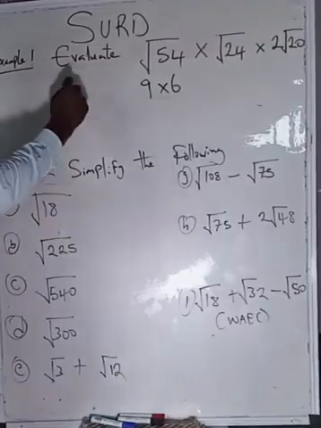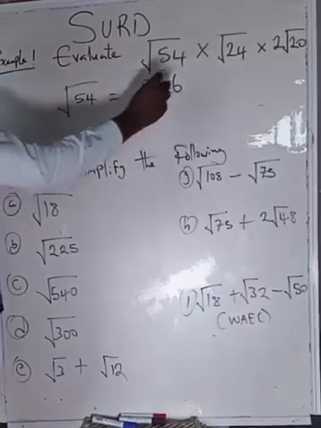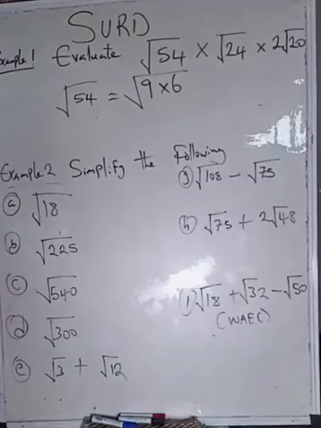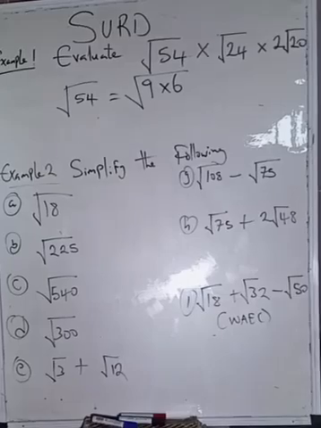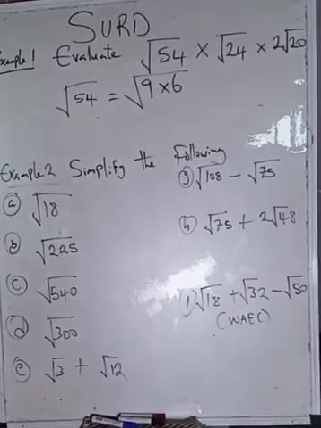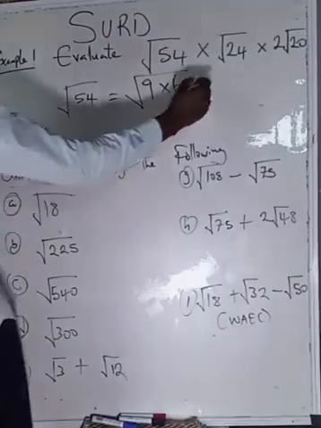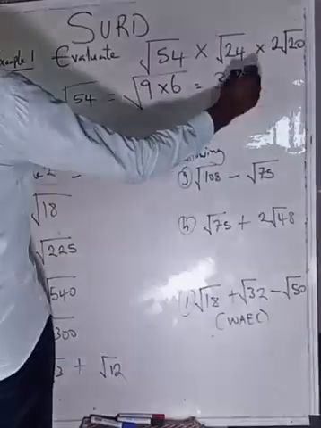So square root of 54 is the same as the square root of 9 times 6, because 9 times 6 is 54. And 9 is a perfect square. So this will be equal to 3 root 6.